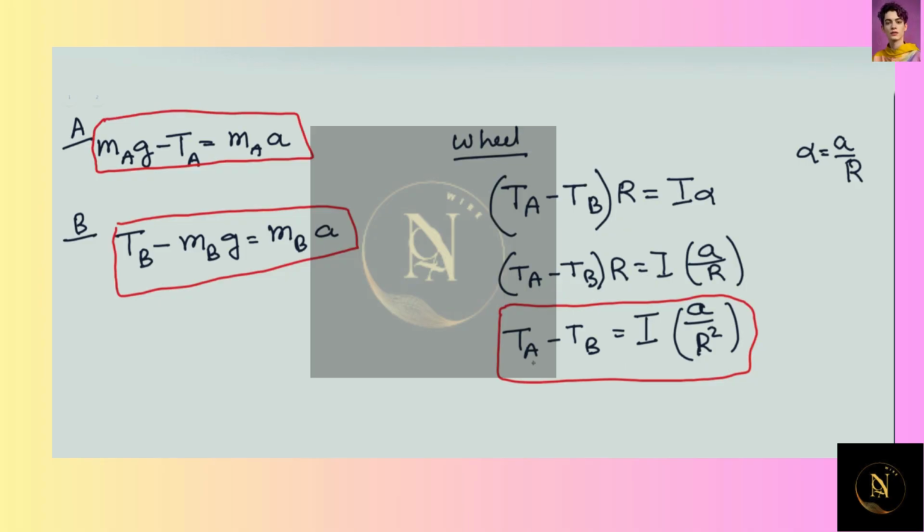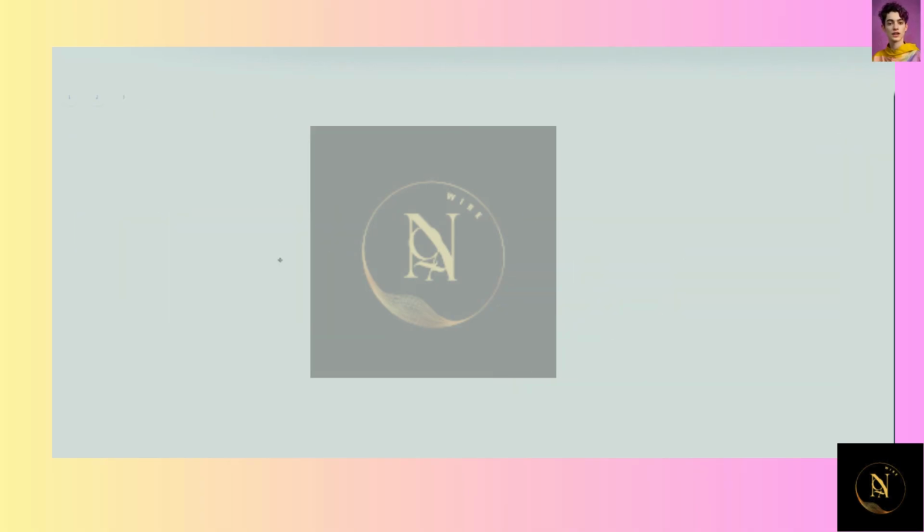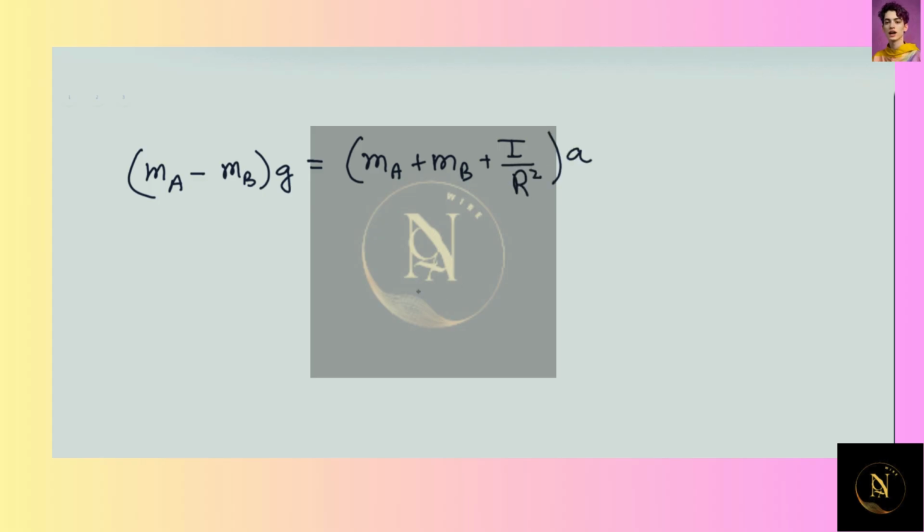Now if we combine these three equations, we'll get MA minus MB times g, which is equal to MA plus MB plus I over R squared times a.